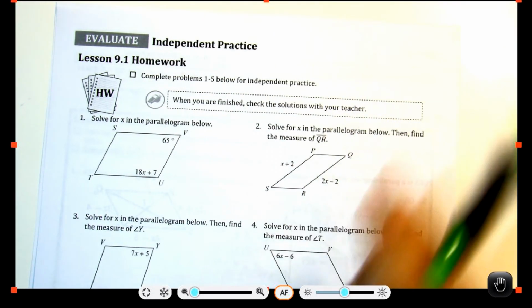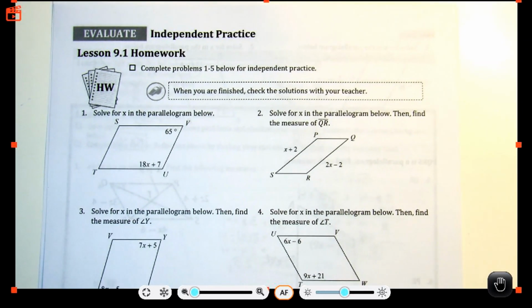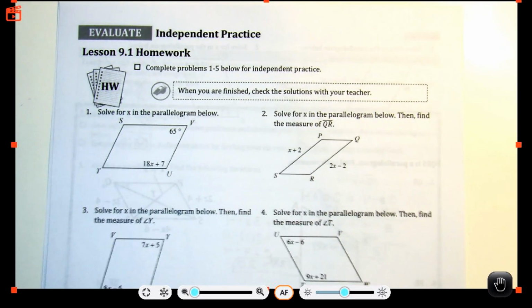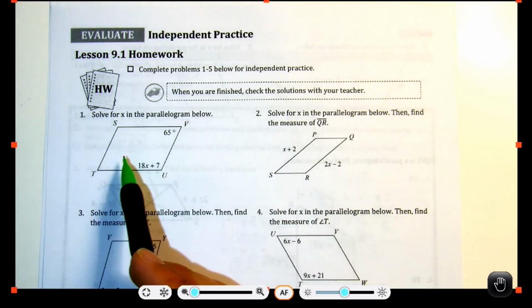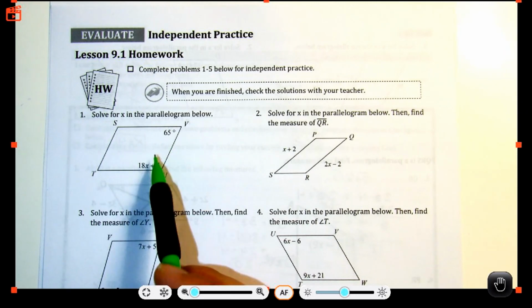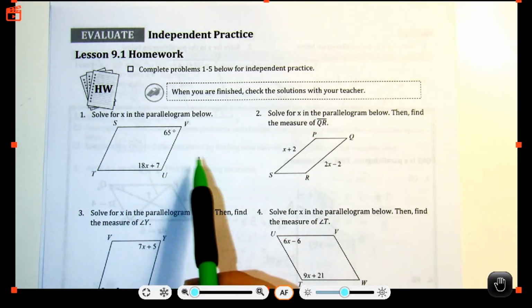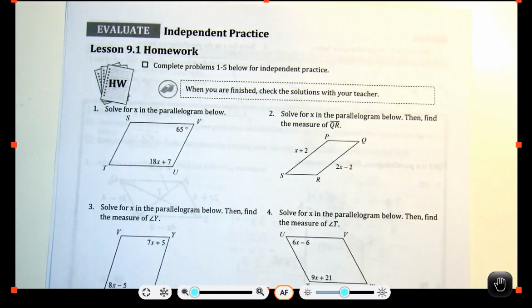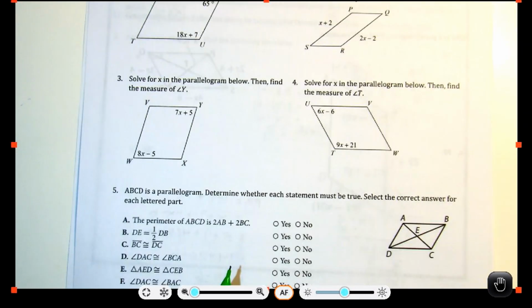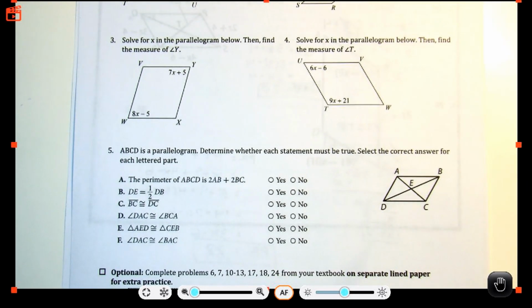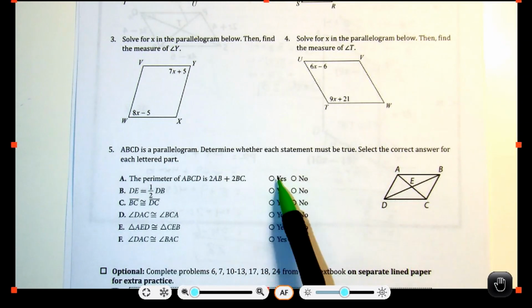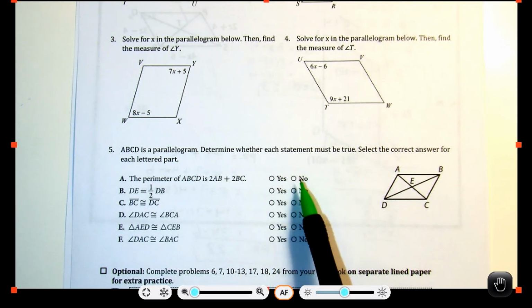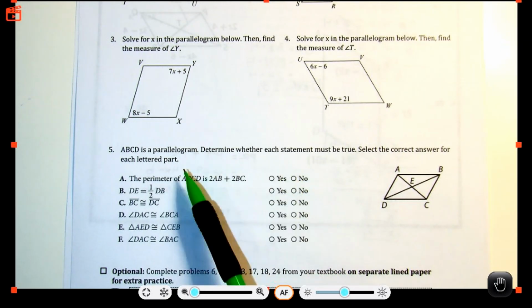And then when you're doing your homework, you can choose to draw these quadrilaterals, or if you don't need to draw them, then just create the equation and solve for x or solve for whatever they're asking. For questions like number 5, you could just write A, B, C, D, E, F, and either a Y for yes or an N for no. So let's say that you say A is a yes.